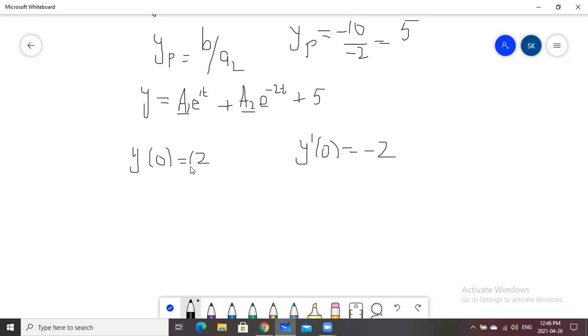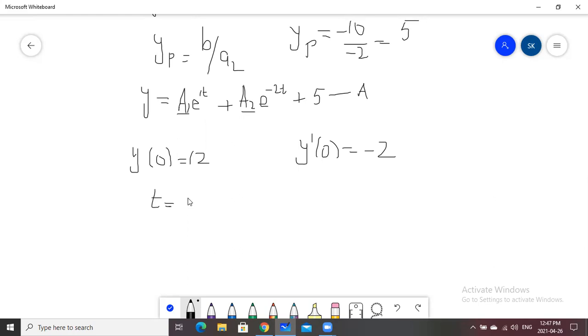Y of 0 is equal to 12 and the first derivative of the function at t equal to 0 is equal to minus 2. Now we put t is equal to 0 in equation A. Which one is equation A? Equation A is basically this equation.